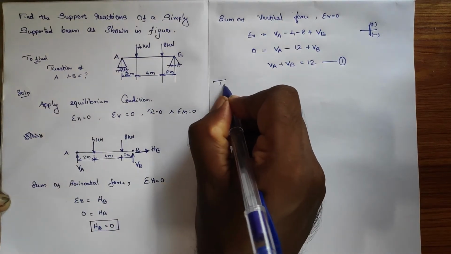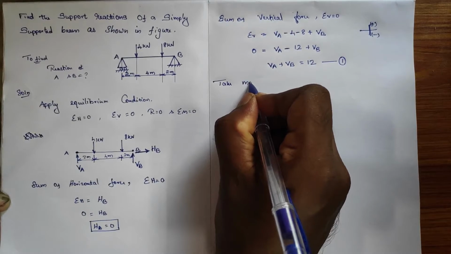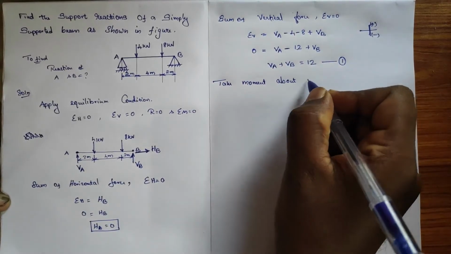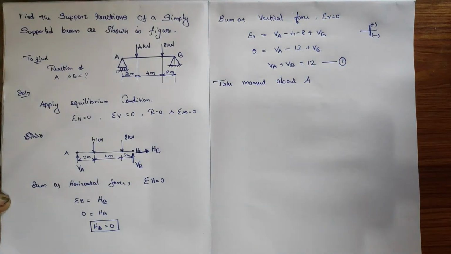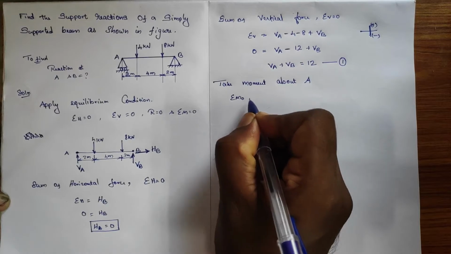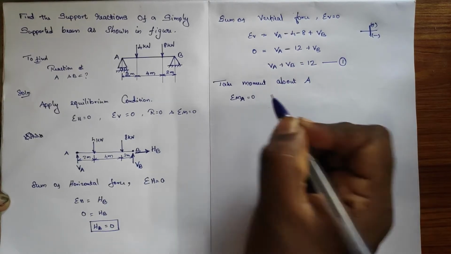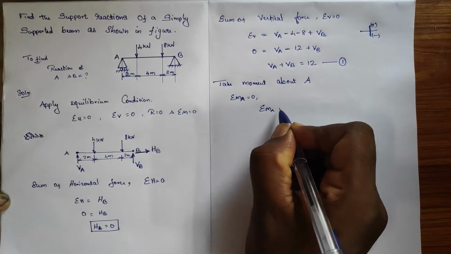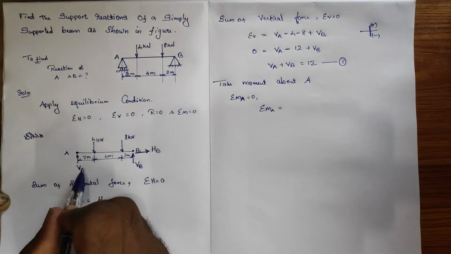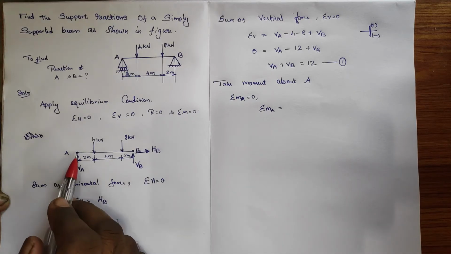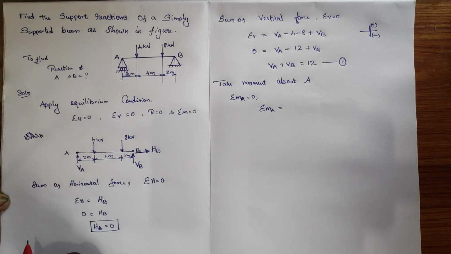Okay, take moment about A, right? So if I take moment about A, what happens? The sum of moment about A is equal to 0. Always remember, the force which is acting on the point itself gives 0.